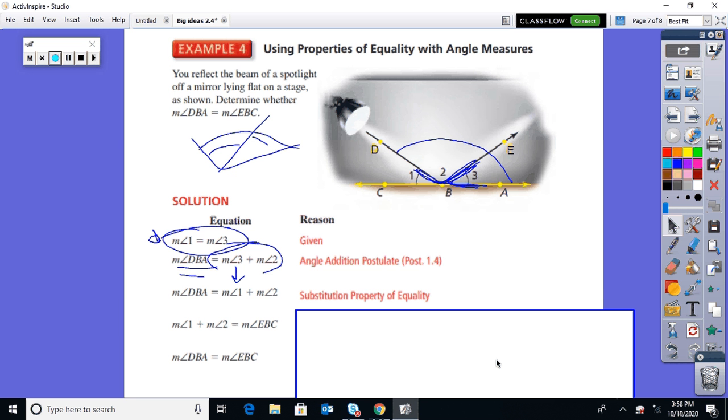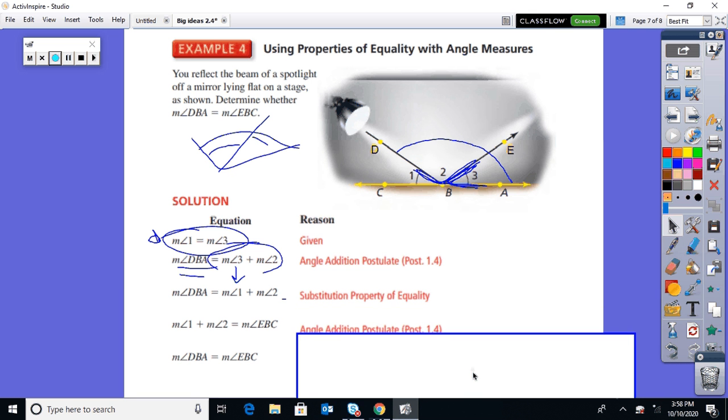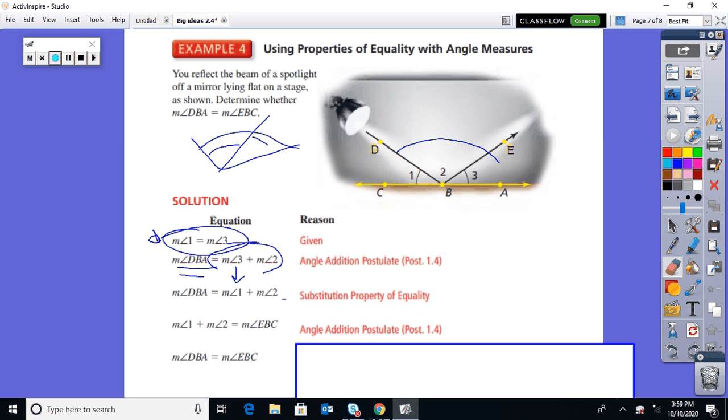Well, let's see. If DBA is 3 plus 2, DBA is 1 plus 2, and then measure of angle 1 plus 2 by the same logic would equal EBC. So here's angle 1, here's angle 2. Together, they make EBC, the angle addition postulate again.